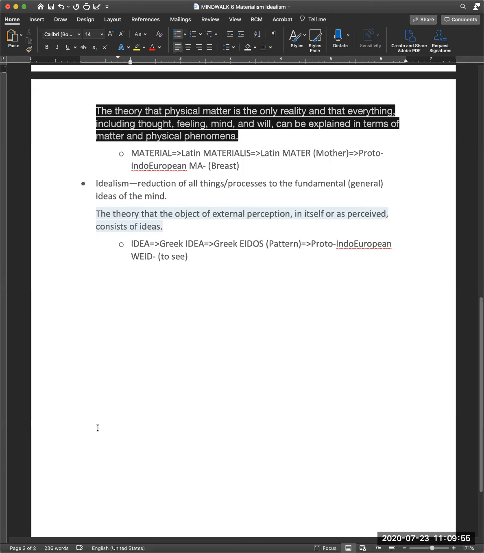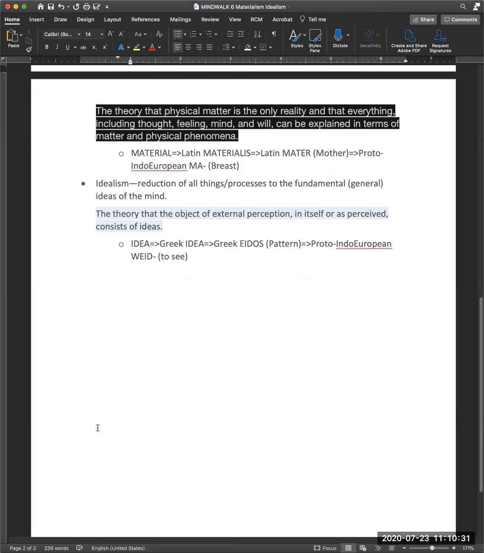Now, this is what I want to add, because I think all this stuff is being talked about more than adequately in your textbook. What I want to add, as someone who's been thinking about this stuff for almost 40 years, is to point out that in the beginning, when people were starting to differentiate more in the world, they were coming up with words that helped them describe and explain what they were experiencing.